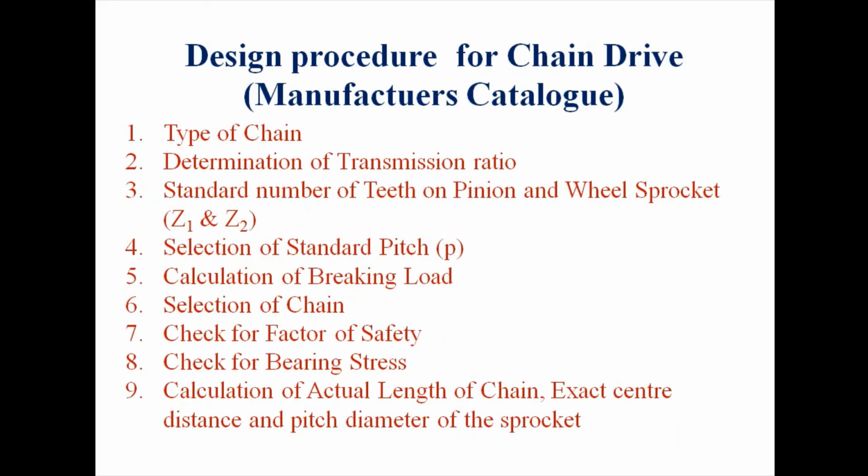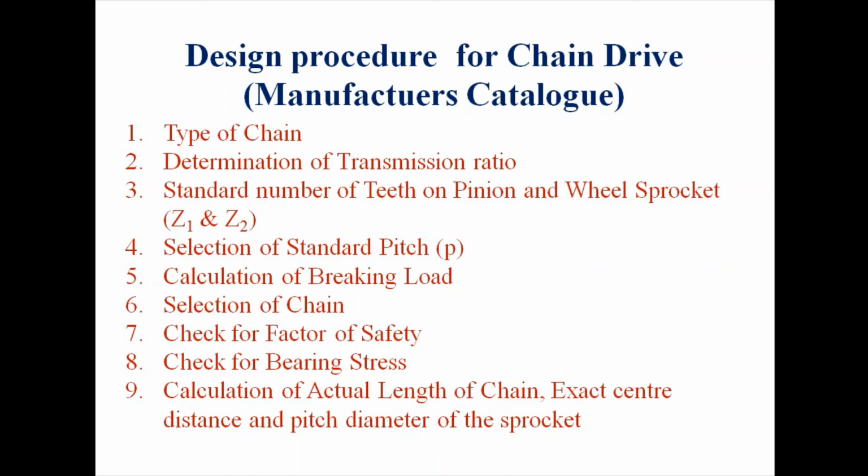Next, design procedure for chain drive by using manufacturer catalog. In chain drive also, all the formulas are available in your design data book. First, determine the type of chain, determination of transmission ratio, standard number of teeth on pinion and wheel sprocket, selection of standard pitch, calculation of bearing load, selection of chain, check for factor of safety, check for bearing stresses, calculation of actual length of chain, exact central distance, pitch diameter of the sprocket.